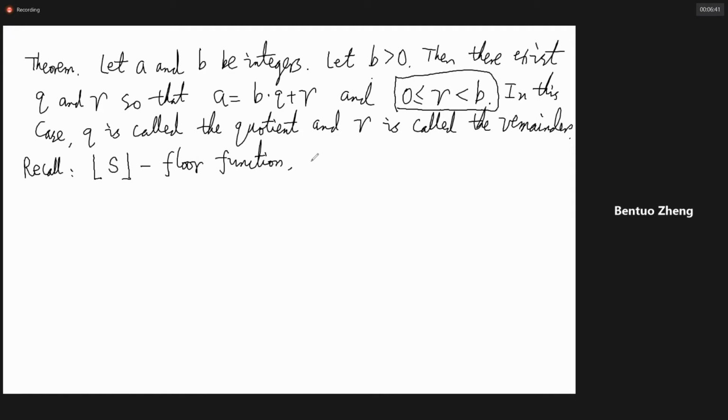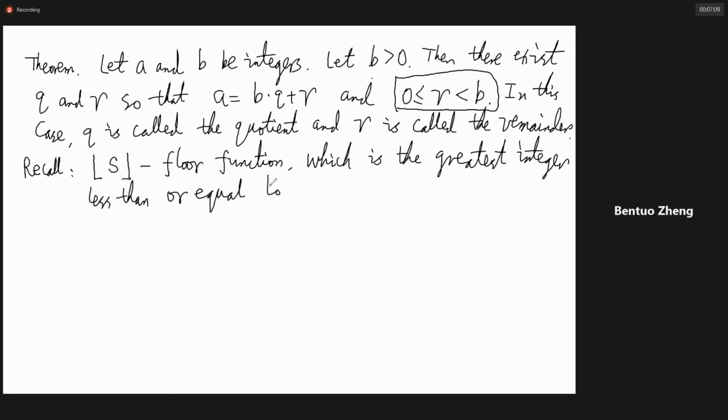This is the floor function, which is the greatest integer less than or equal to s.